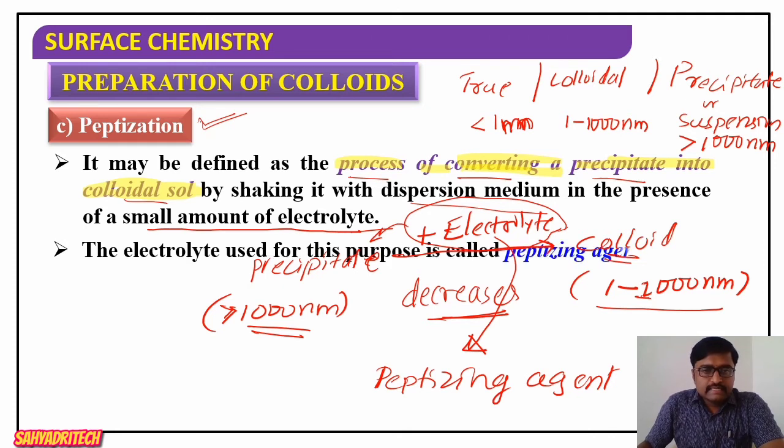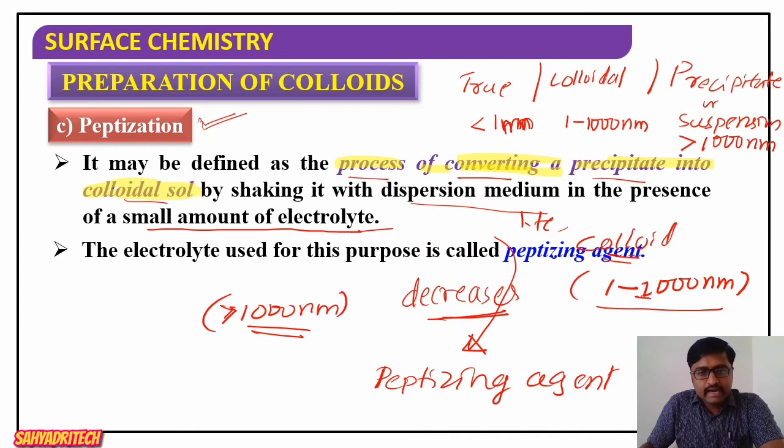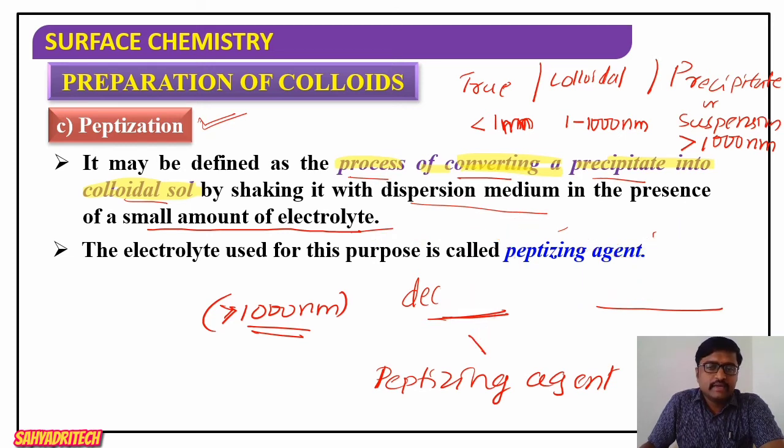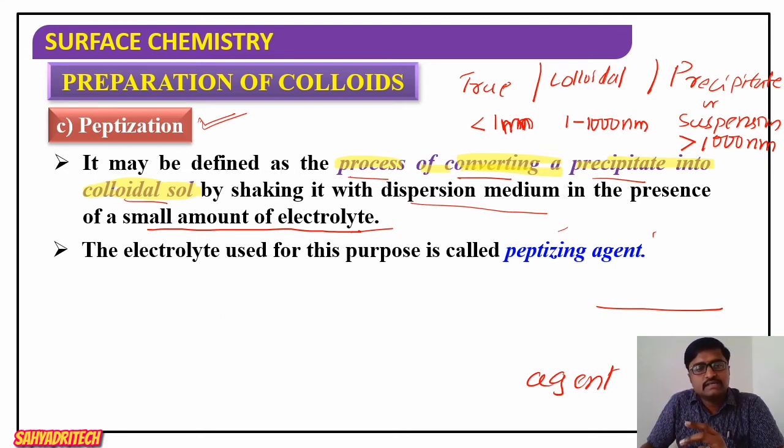Now, the electrolyte added during peptidization is called the peptizing agent. Here I am dealing with two definitions: one is peptidization, another one is the peptizing agent. Both are very, very important.